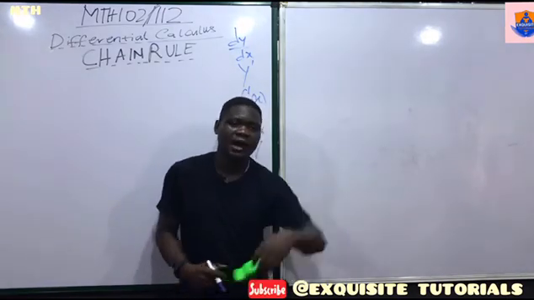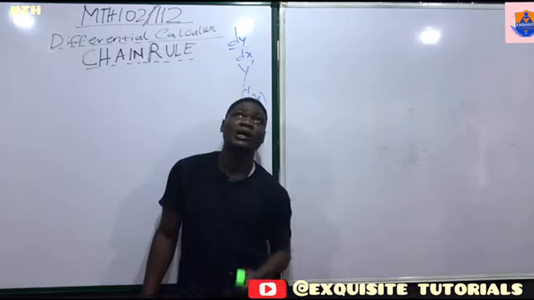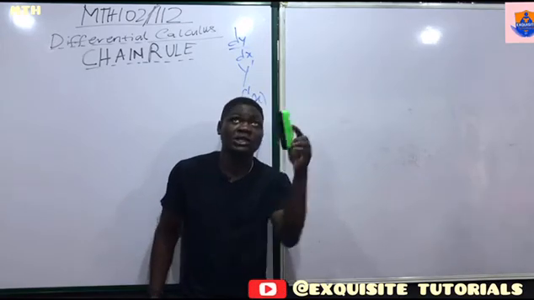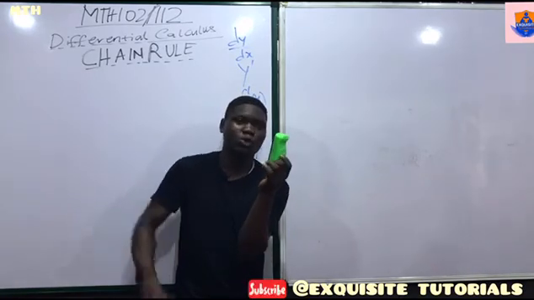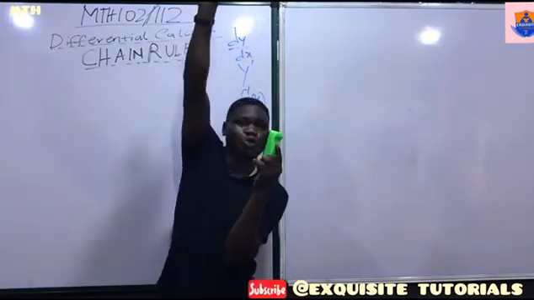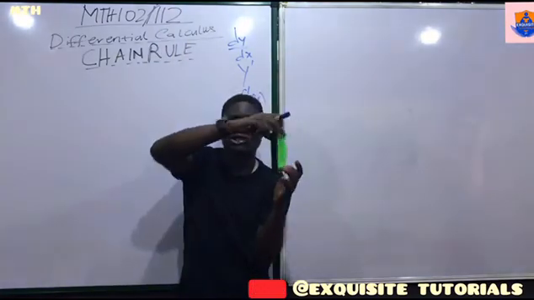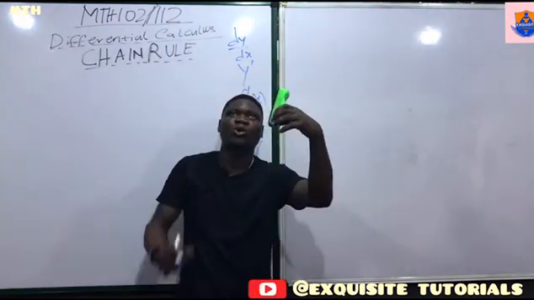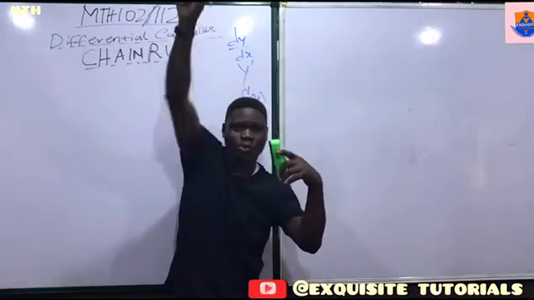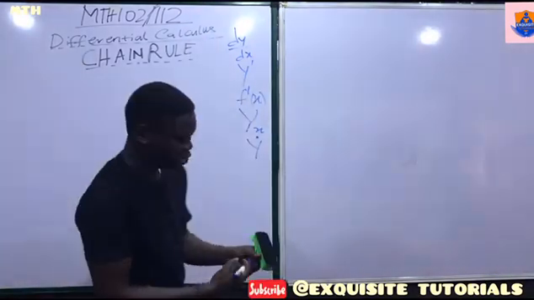Let's say I have this marker and I want it to be suspended here. I can use a chain or a rope to connect it upward to somewhere that will hold it. So the rope is connecting this to the top. That's what chain rule is all about.